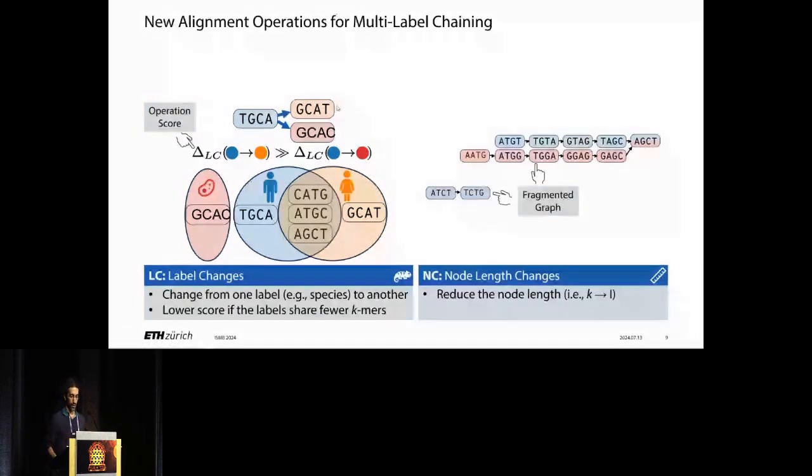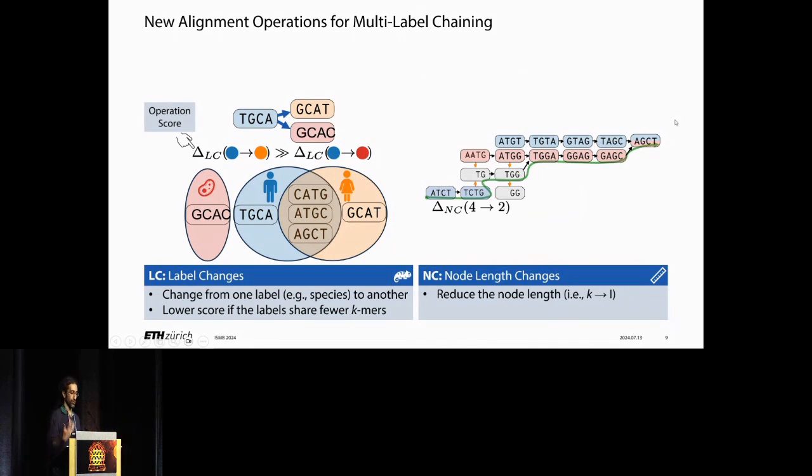To illustrate node length change, let's look at this small example of a fragmented graph where this lower blue fragment is separated from the rest of the graph. Now, if we had constructed this graph using a smaller value of K, then there would exist a path within the graph to go from one node at the bottom left all the way to the top right.